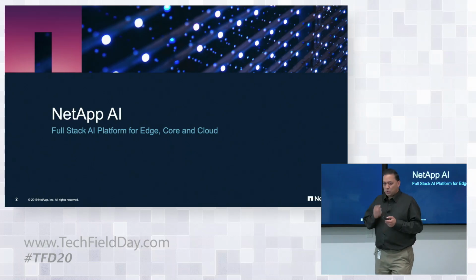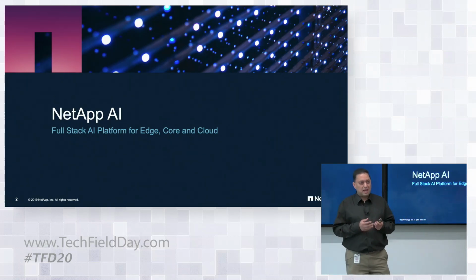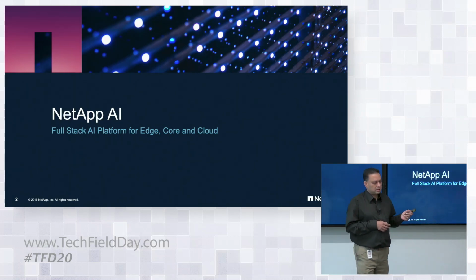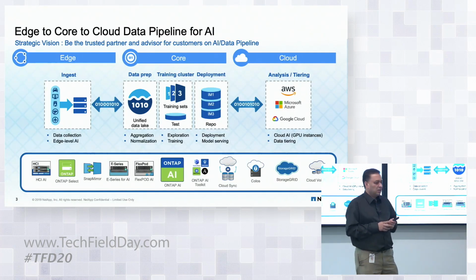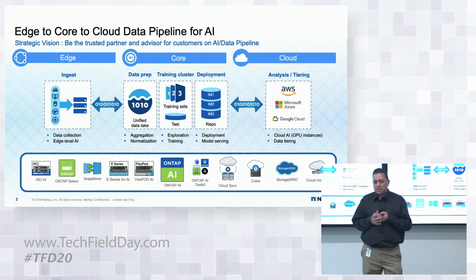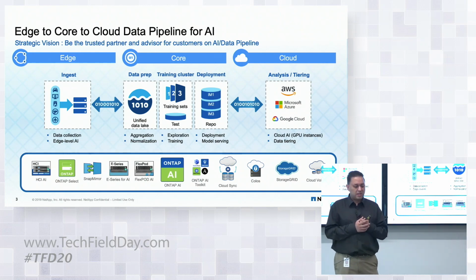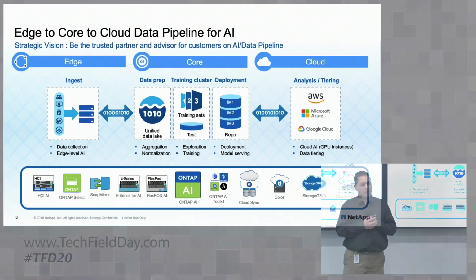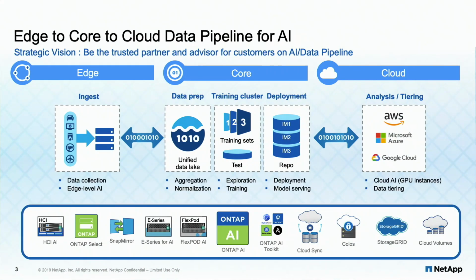So first, let's introduce what we mean by NetApp AI and what is a full stack AI and what it means to run from edge to core to cloud. We've talked in the past about data pipelines and the fact that data has its own life cycle, starting from ingestion to data aggregation and data curation, cleansing and preparation, and then the process of applying machine learning or deep learning using acceleration techniques, whether it be Spark-based machine learning or, more interestingly from our perspective, GPU-accelerated deep learning.